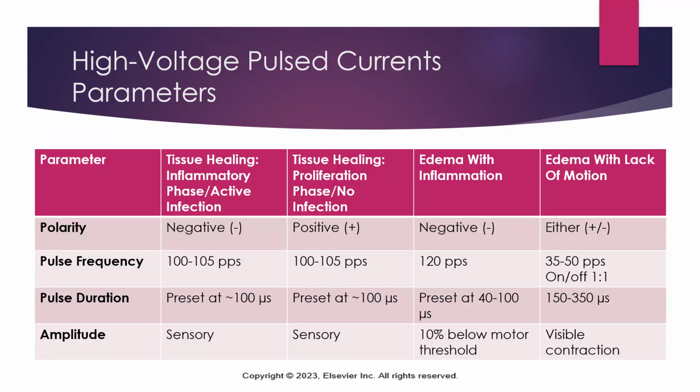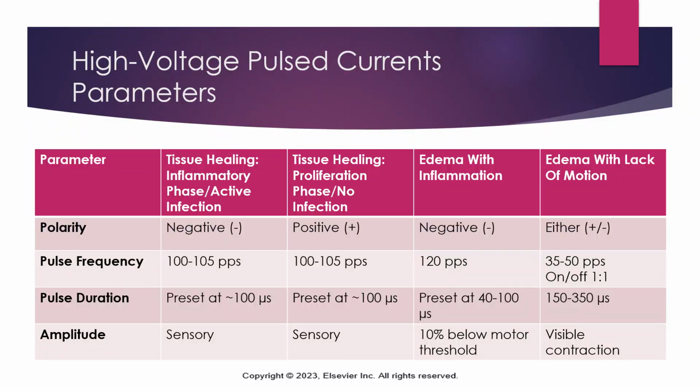If you look at the left-hand side, we're going to start with tissue healing, inflammatory phase, active infection. If that is the case, we're going to use a negative polarity, and then we're going to choose a pulse frequency of 100 to 105 pulses per second.